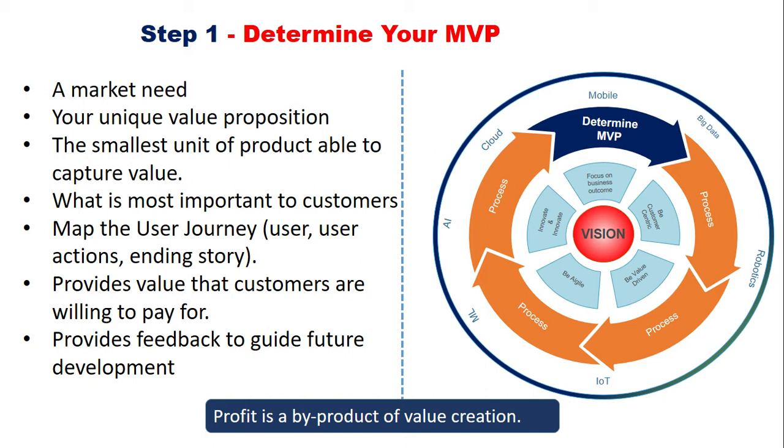The next thing is: does this MVP, minimum viable product, provide a value that the customer is willing to pay for? Another critical aspect of the MVP also should be such that you can get a feedback, because this ability to get a feedback will help you to further refine the product.